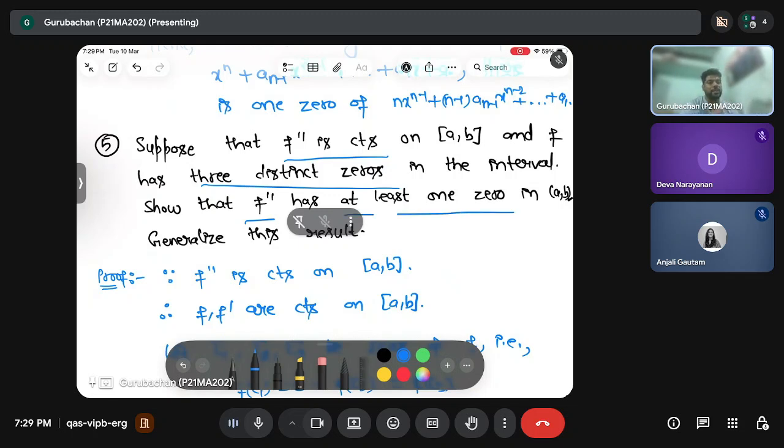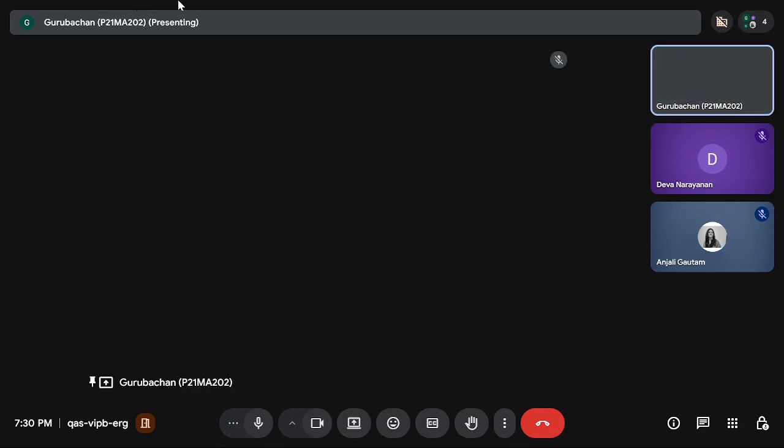We want to generalize this for the nth derivative. What can we say over it?